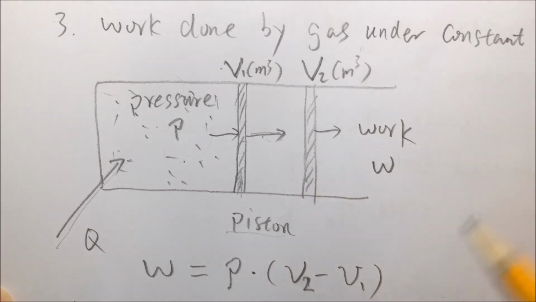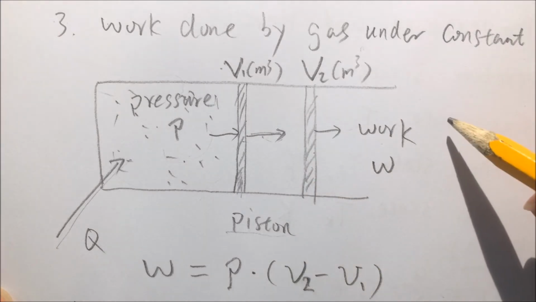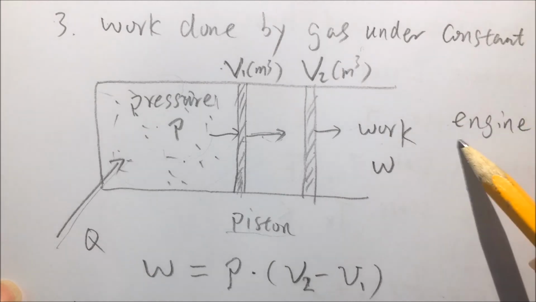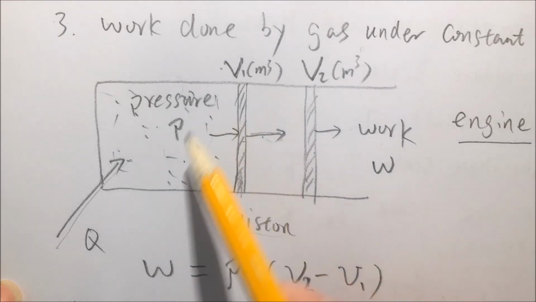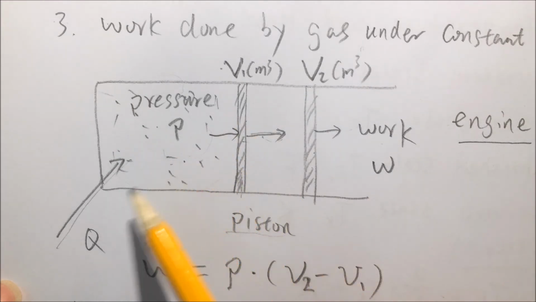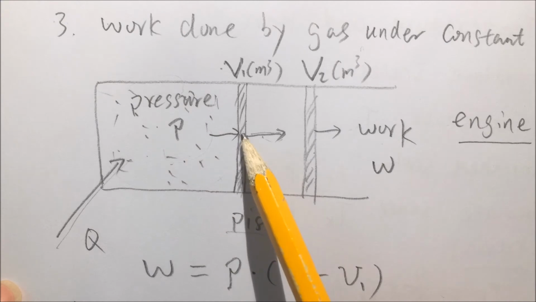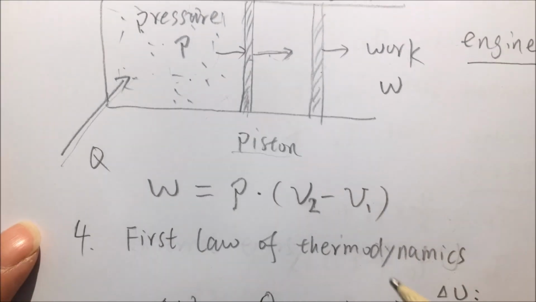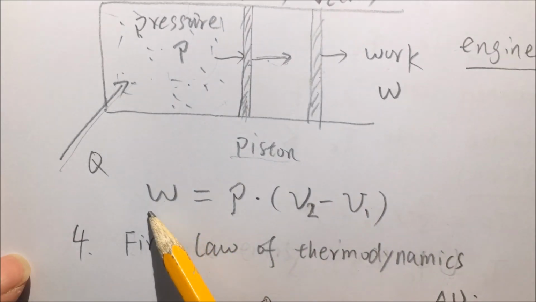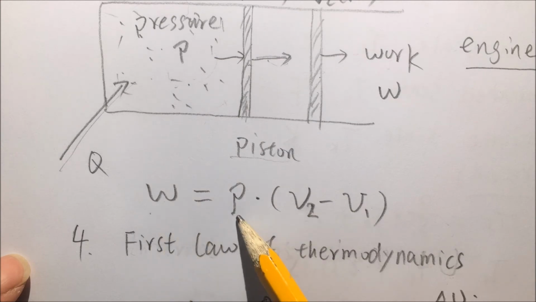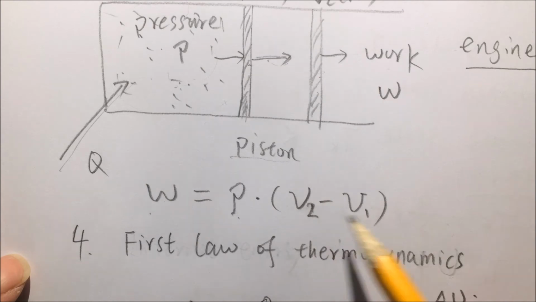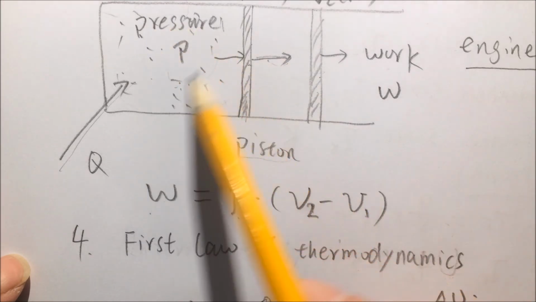This is actually a very simple model of an engine. All the engines have such a structure, some gas inside, and be heated up and push the piston to do the work. So the equation for the work done by the gas is the pressure, which is a constant in the container, times the volume change of the gas.